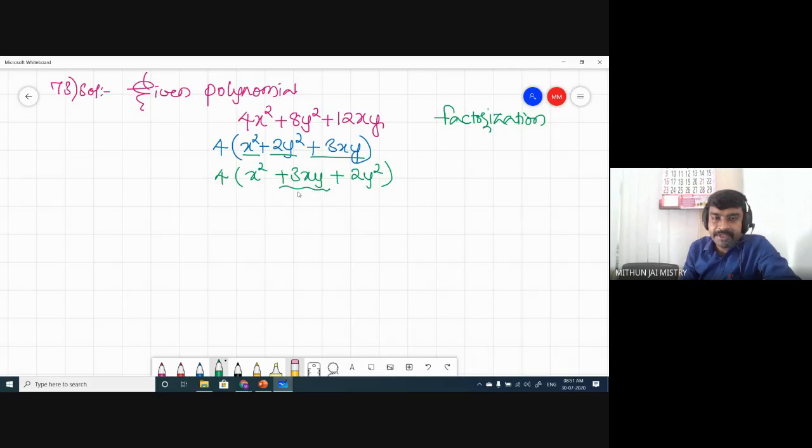What is that? Have a look. Here, x square, before it no number is there. If there is no number, what does it mean? It is 1. If there is no coefficient, it means 1. And here the last term, 2y square. What is the coefficient? It is 2. So you need to multiply the first term coefficient and the last term coefficient. So 1 and 2, you multiply that. 1 into 2 is 2.